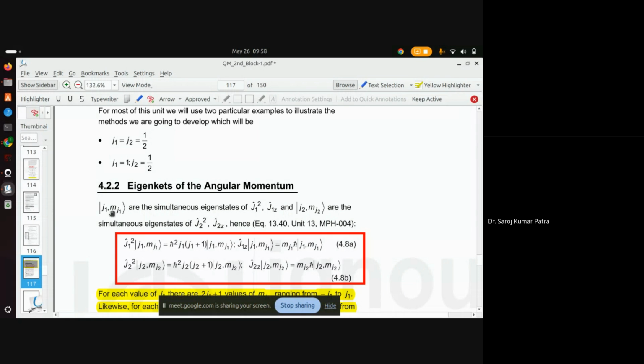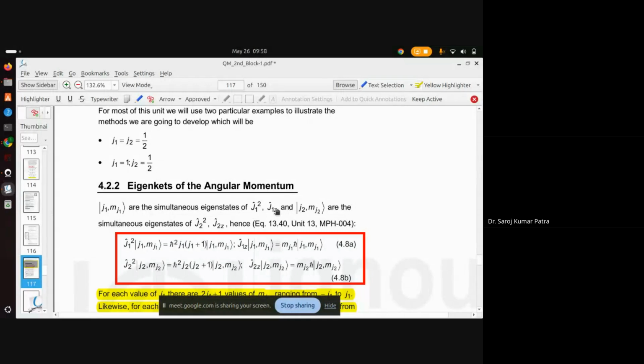So J1, MJ1 are the simultaneous eigenstates of J1 square and J1z. हम पहले से बोल चुके हैं कि J square और Jz, they commute with each other. So simultaneously we can determine J square and Jz, or for that matter J square Jx, J square Jy. So here we have taken Jz component.